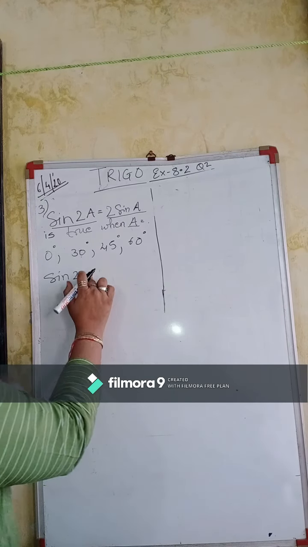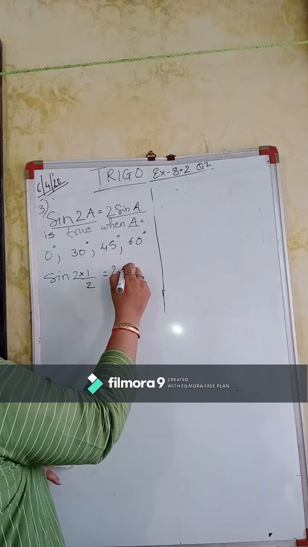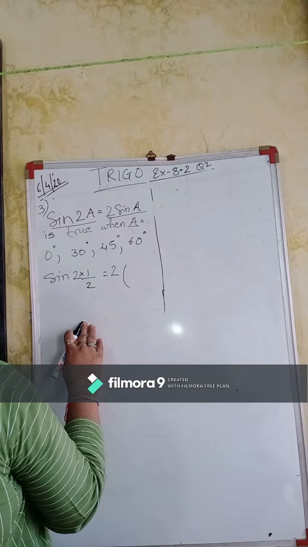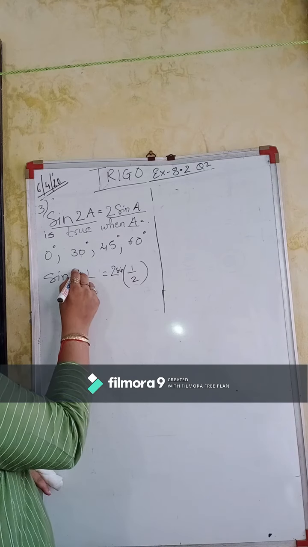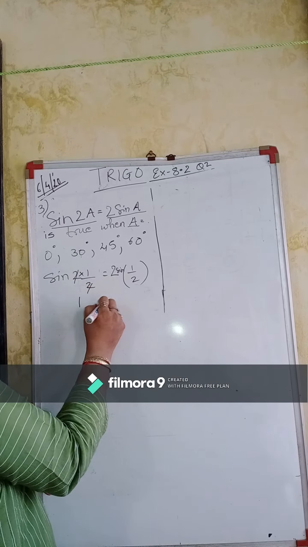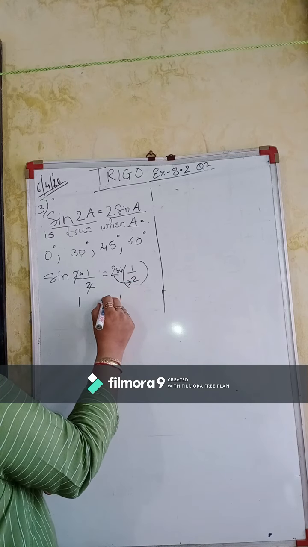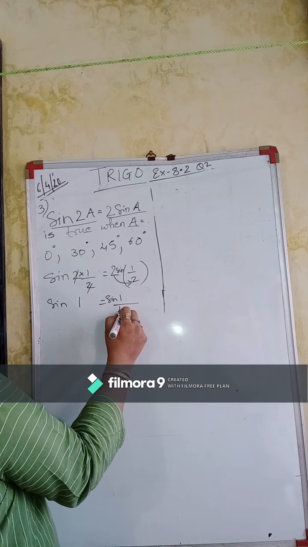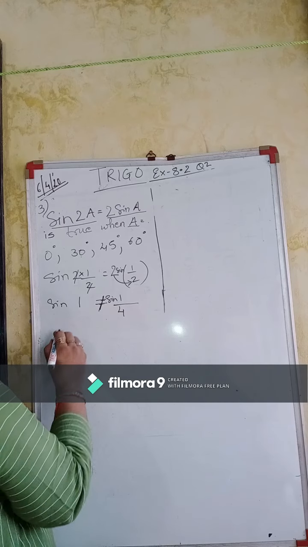Sin 30 degree is half. And 2 into sin A, again taking 30 degree, that is 1. But sin 2A, this 2 will come here, so sin 60... these two are not equal.